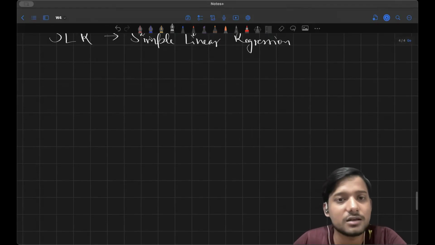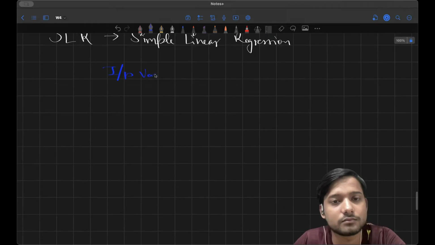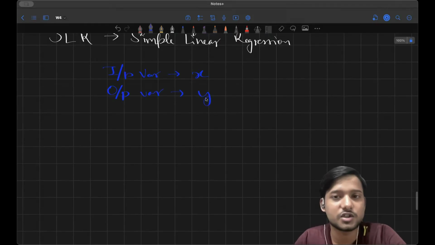The basic idea is I have some input variable which is going to be x, and then I have some output variable which is going to be y. How do I model some relationship between them, given I know that they tend to follow some kind of linear trend?